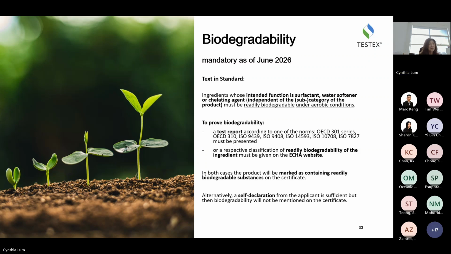So if a self-declaration is done, OEKO TEX or the certifying institute will need to do the checks. And should there be any indication that the self-declaration is not correct, there may be a possibility of withdrawal of the certificate.